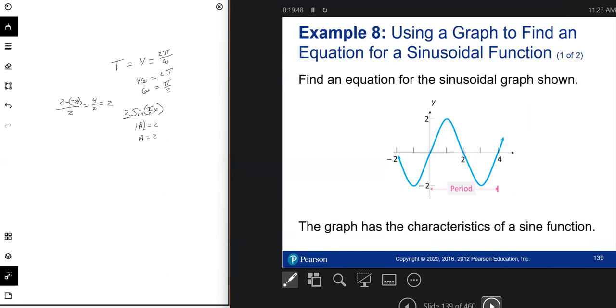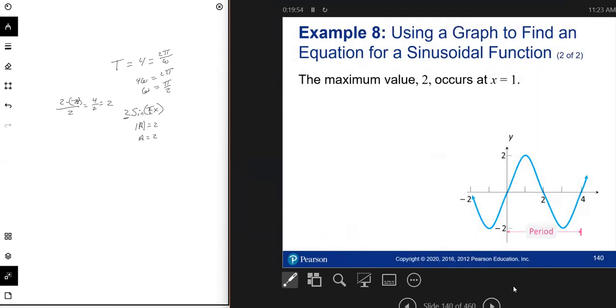All right, it has the characteristics of a sine function, which is what I'd stated. We looked at the period. Oh, well, they're saying the maximum value happens when x is 1.